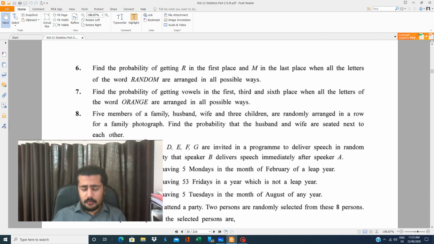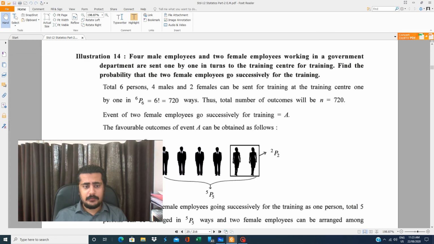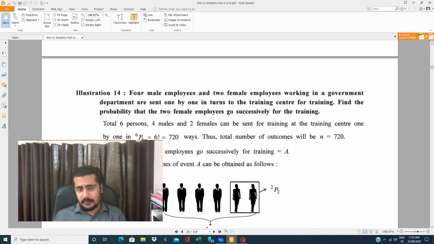Now let's do almost the same sum from the illustration part. In illustration number 14, four male employees and two female employees working in a government department are sent one by one to a training center for training. Find the probability that two female employees go successively for the training.